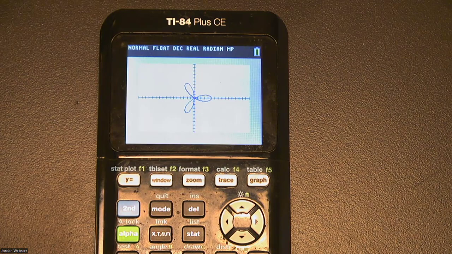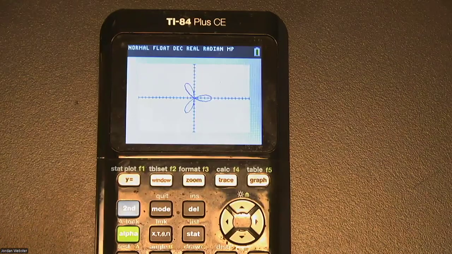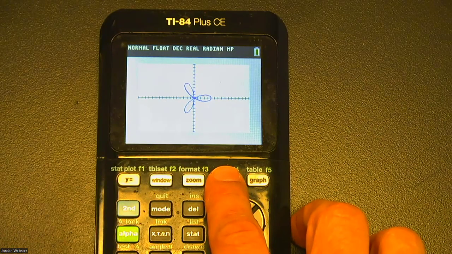Now, here's the other thing that I want to talk about. Notice how this graphed it. It didn't quite look as smooth. There's a little bit of straight lines, doesn't look as smooth right now as Desmos did, right? The reason for that can be demonstrated by just hitting the trace button.